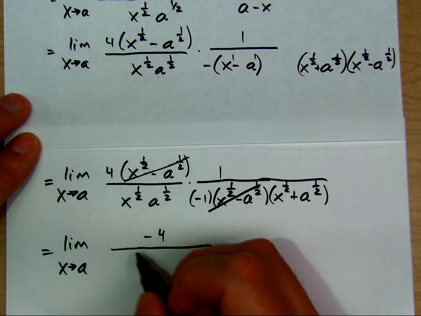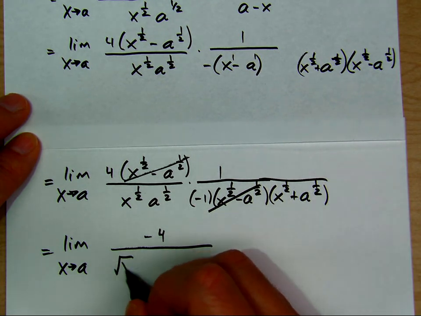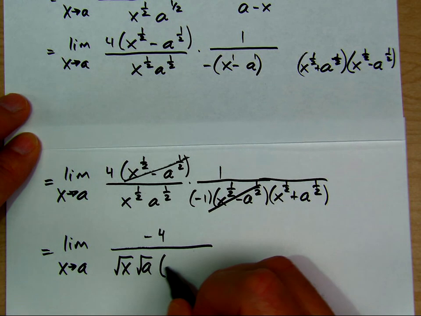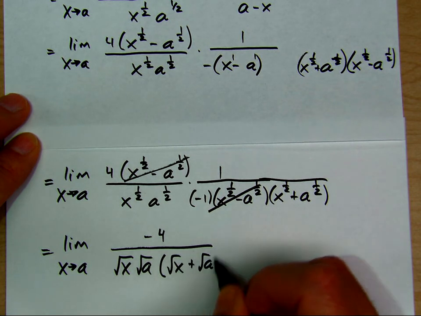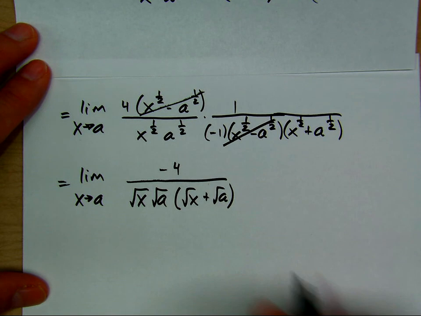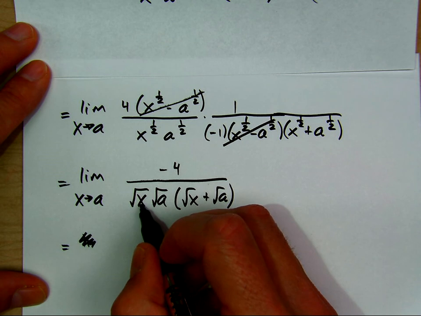And that'll be, let's just write it as radical x, radical a, and then radical x plus radical a. Let's substitute, replace all the x's with a's.